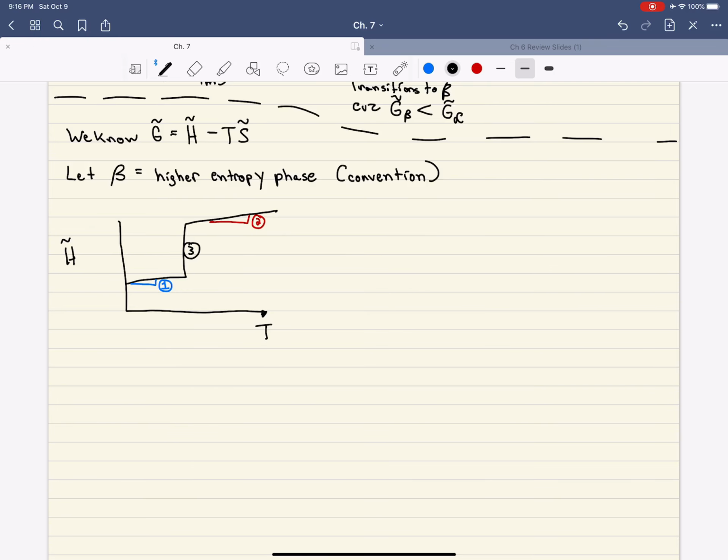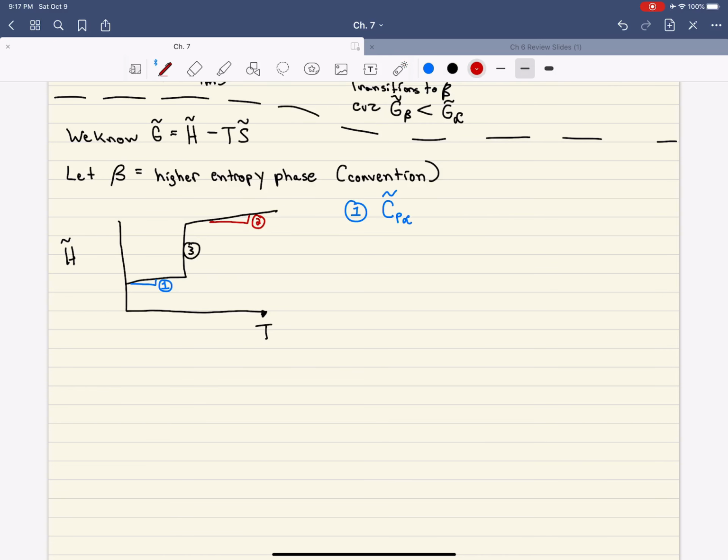In region 1, what we're looking at is how H changes as T changes, essentially dH over dT, and we know by definition that is the constant pressure heat capacity. So at low temperatures, what we would be looking at is the constant pressure heat capacity of the alpha phase.